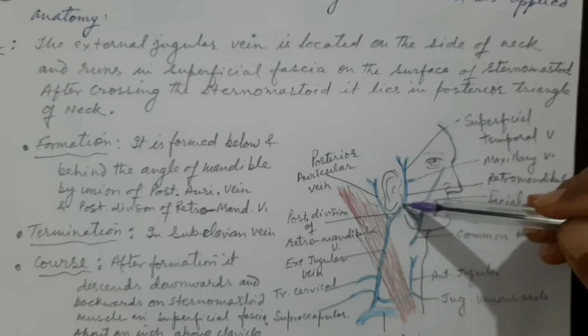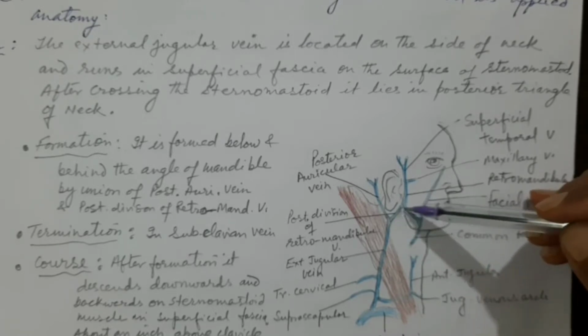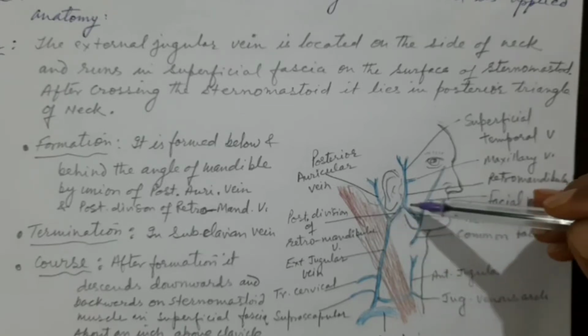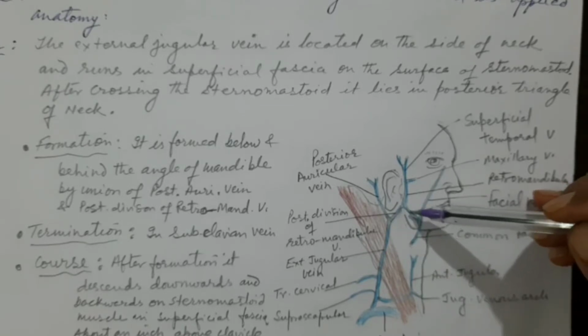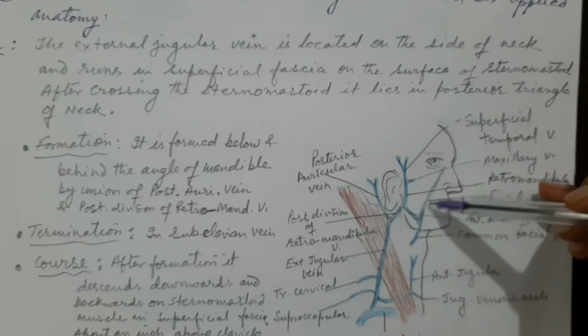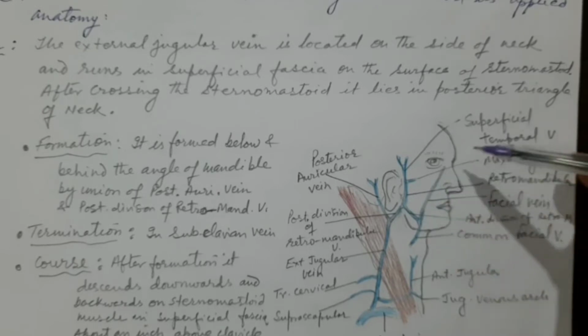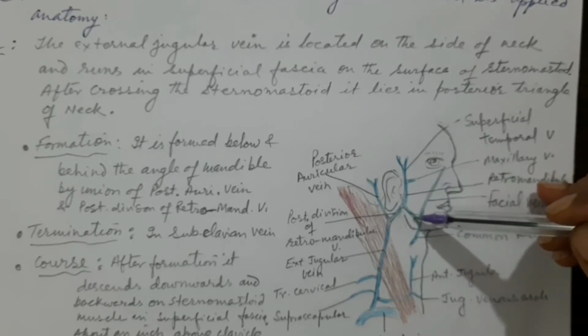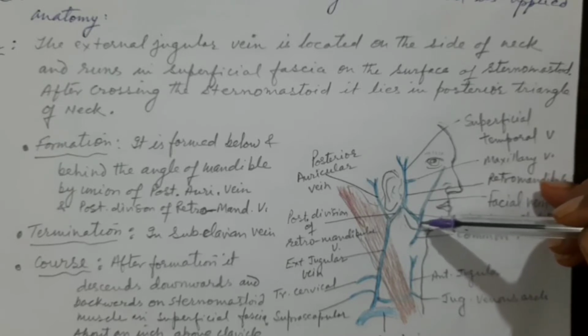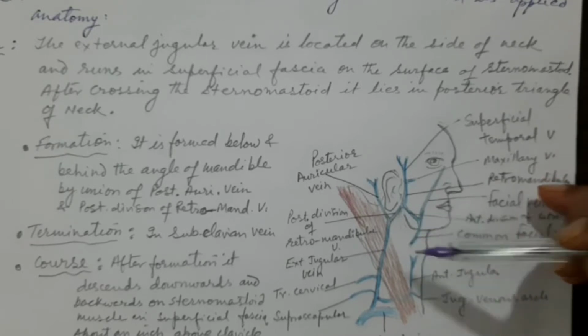Then it divides into a posterior division, which runs backward, and an anterior division, which unites just above the angle of the mandible with the facial vein. After the union it is called the common facial vein.